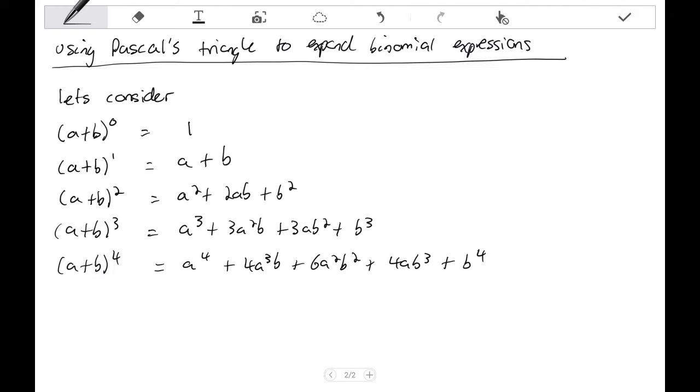Okay, what I'm going to do next is take all of the coefficients of the terms. So the coefficient is just the number in front. We've got a 1 here, 1 here, 1 here, 2 here, 1, 1, 3, 3, 1, 1, 4, 6, 4, 1.